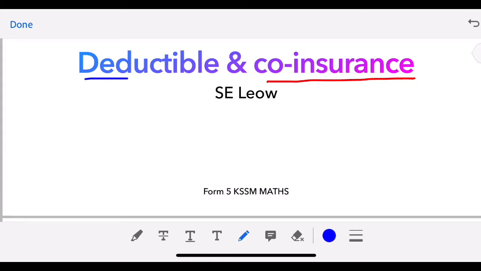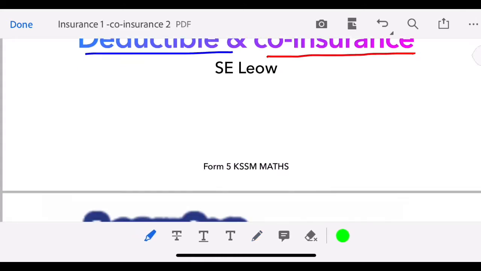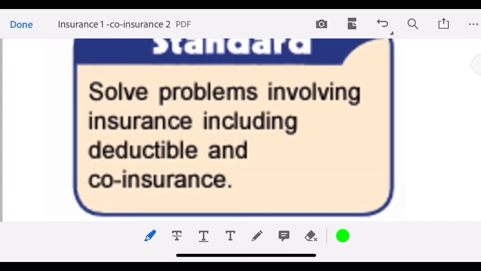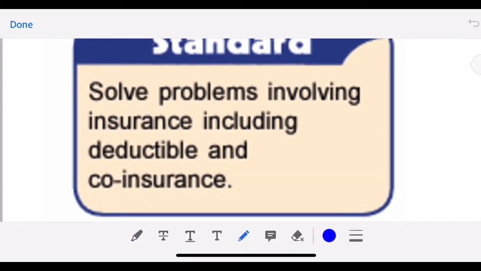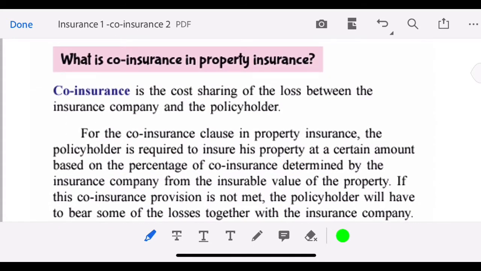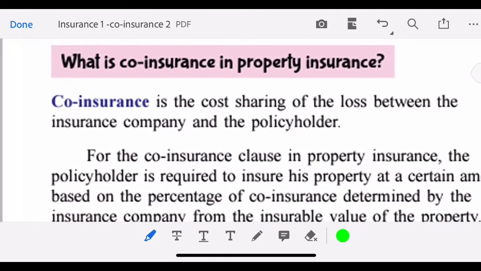The learning standard for today is to solve problems involving insurance, including co-insurance, mainly focusing on co-insurance. So what is co-insurance actually?